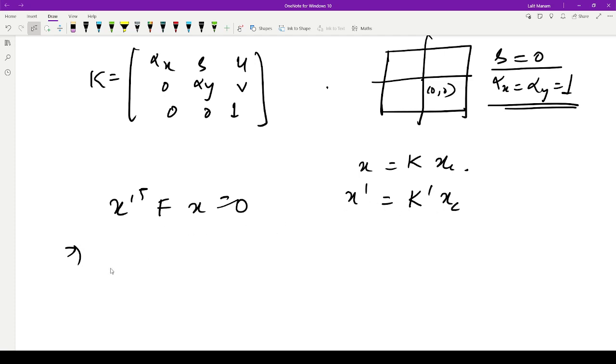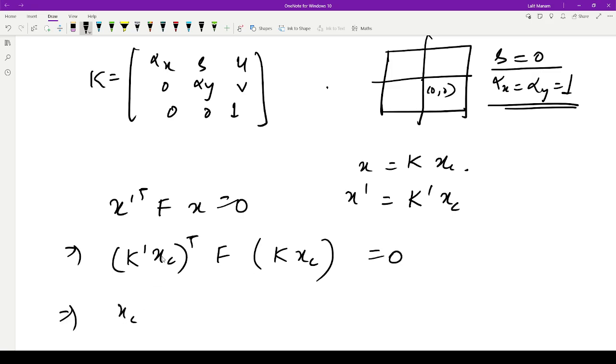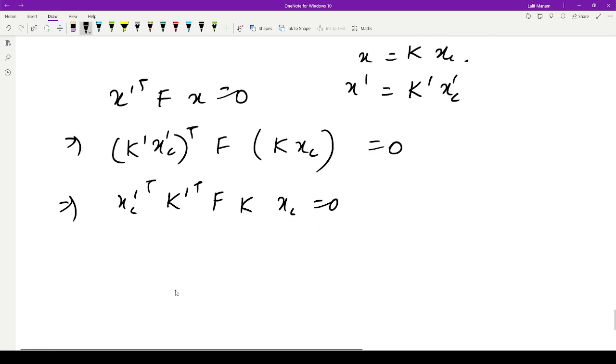Given this, we'll just replace it. K prime x c prime transpose F, and x is K x c, should be 0. x c prime transpose K prime transpose F K x c equals 0. So this is our essential matrix E, which is given by K prime transpose F K.